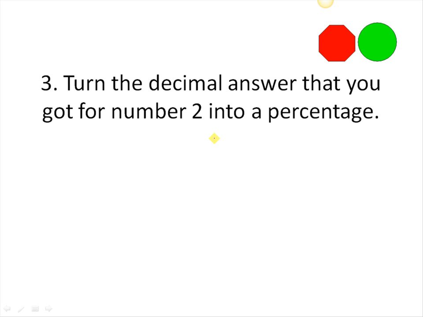Number 3, turn the decimal answer that you got for number 2 into a percentage, and so you need to click on the stop sign. Alright, let's see how you did. Well, it was 0.266 correct to 3 decimal places. We just shift the decimal 2 places to turn it into a percentage, because percentage just means per 100.